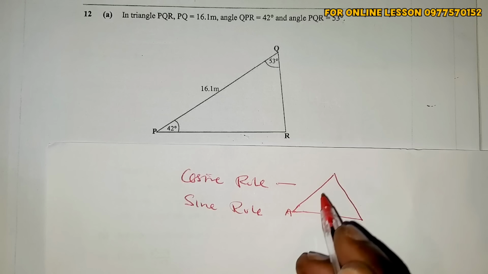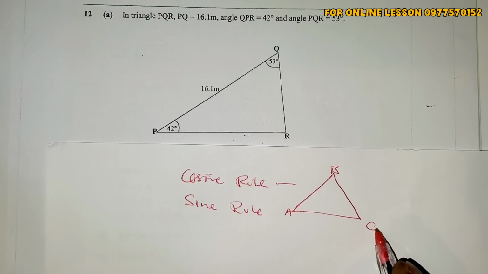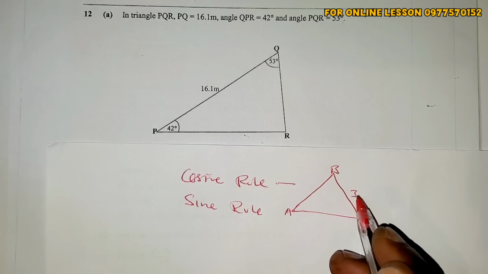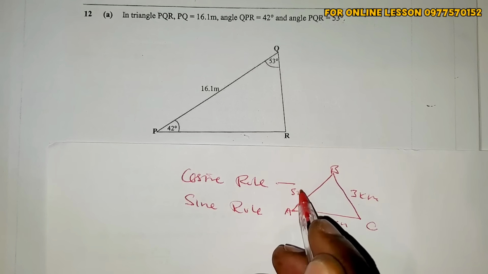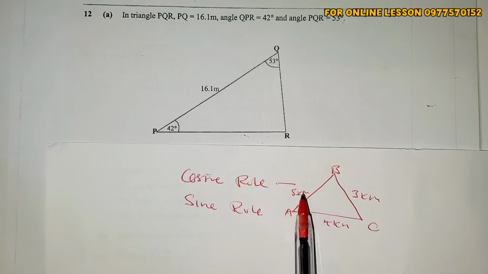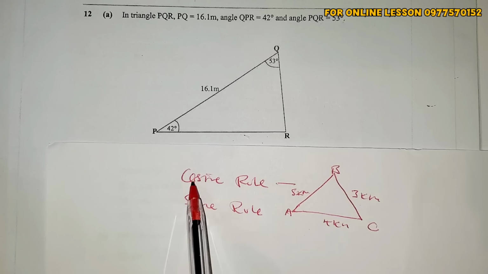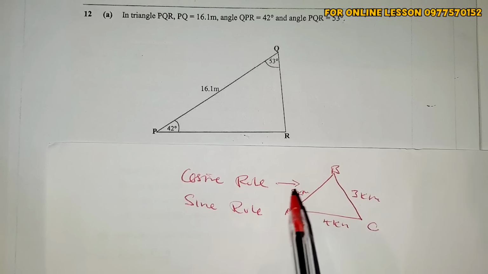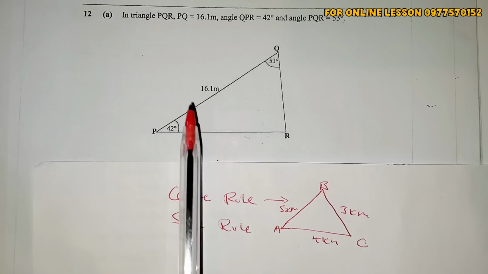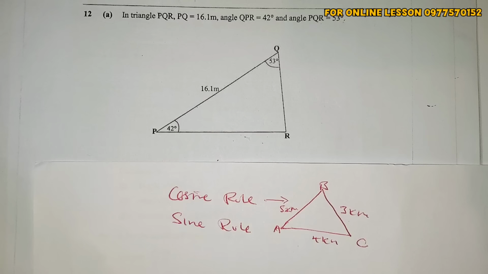Let's say this is side A, this is side B, and this is side C, and let's say here is 3 kilometers, 4 kilometers, and here 5 kilometers. So when you're given all the three sides, we can use cosine rule. Based on this condition, this is not a cosine rule because we only have one side.